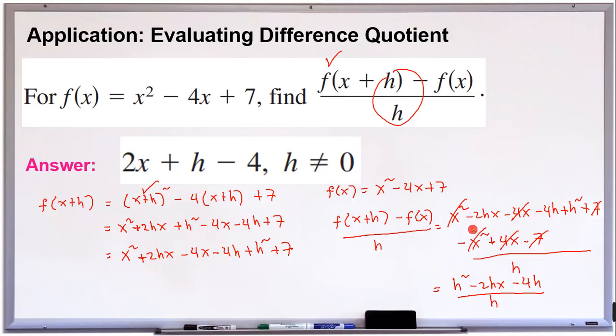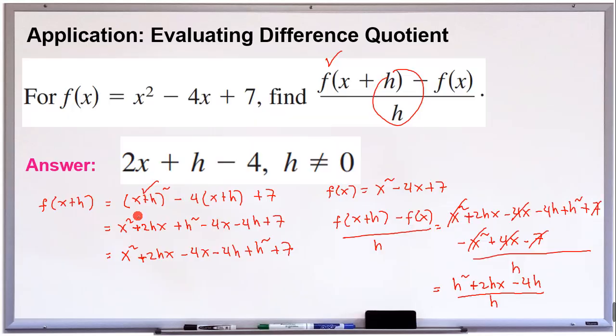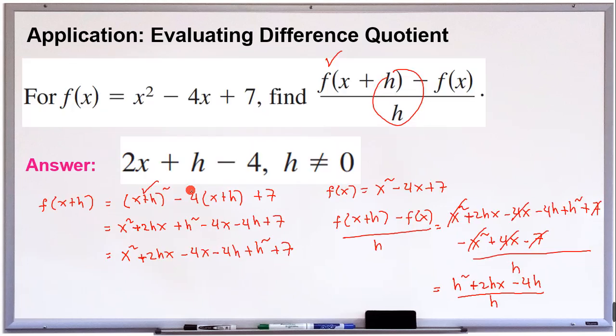So in this part we have x squared, instead of minus, that's plus 2hx, so therefore this will become positive. As a result, h squared plus 2hx minus 4h over h, so divide by h on both sides, so we have h plus 2x minus 4, and this is the final answer for evaluating difference quotient.